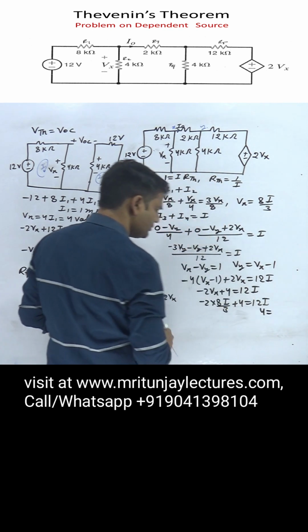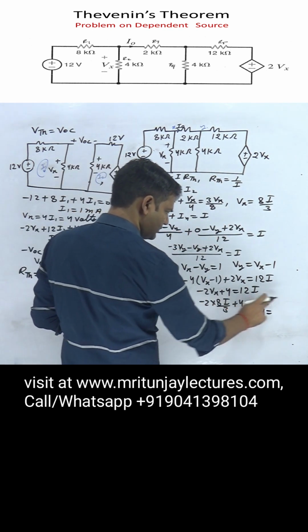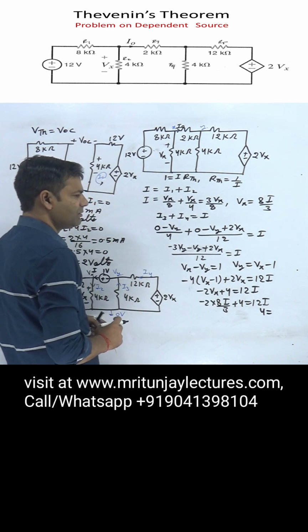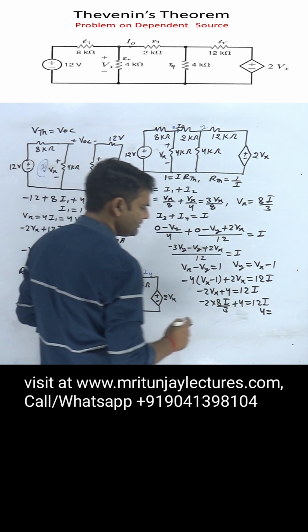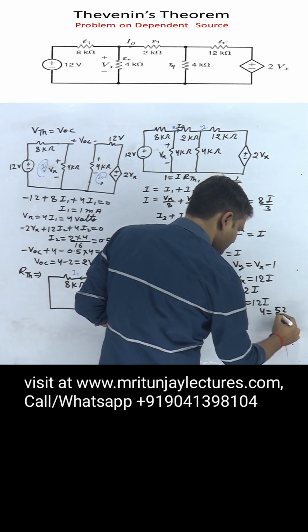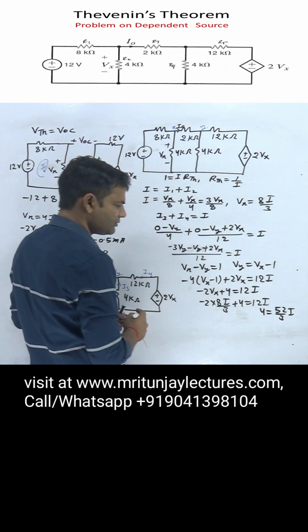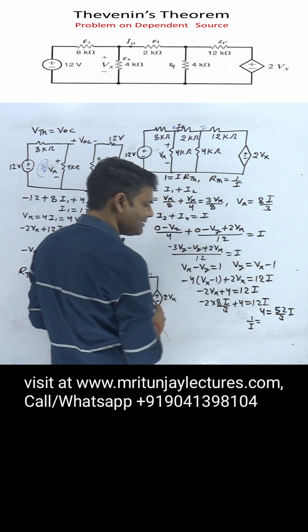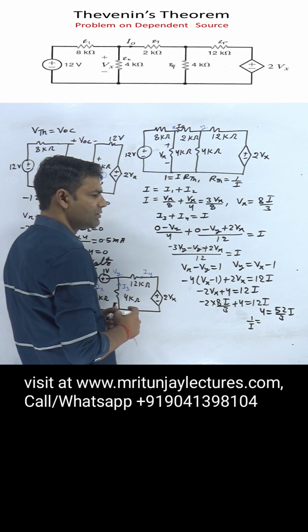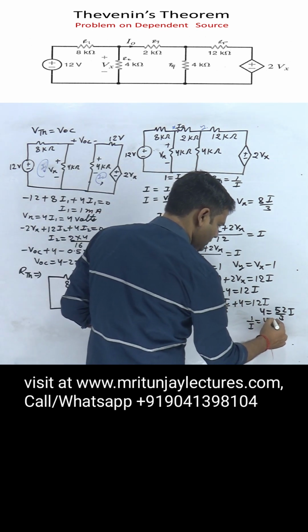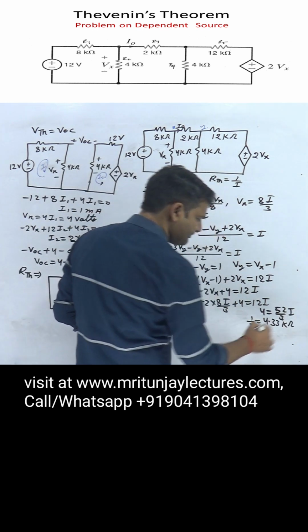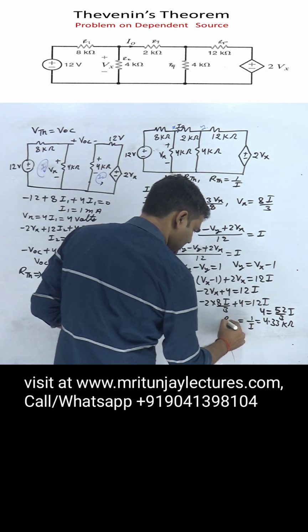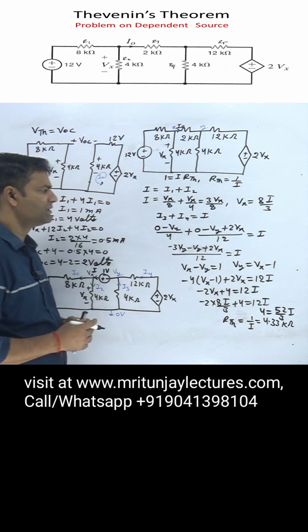So 4 equals 16 by 3 plus 12I, that is 52 by 3 times I. So finally 1 by I is 52 by 12, that is 4.33 kilo ohm. Okay, and this is basically RTH.